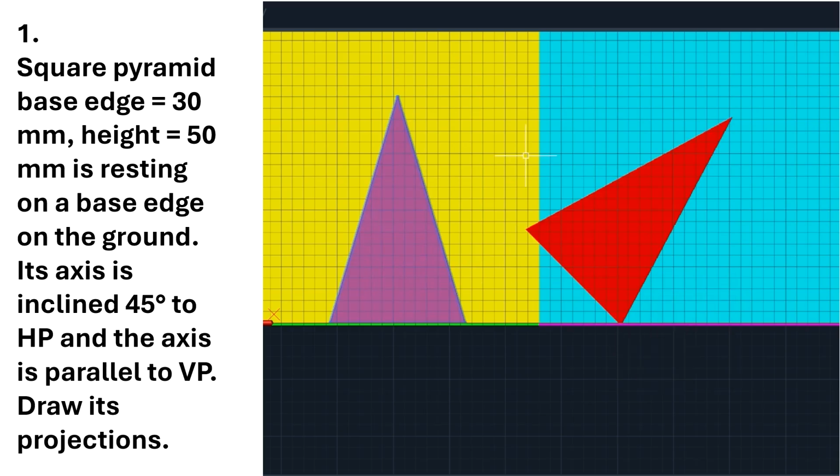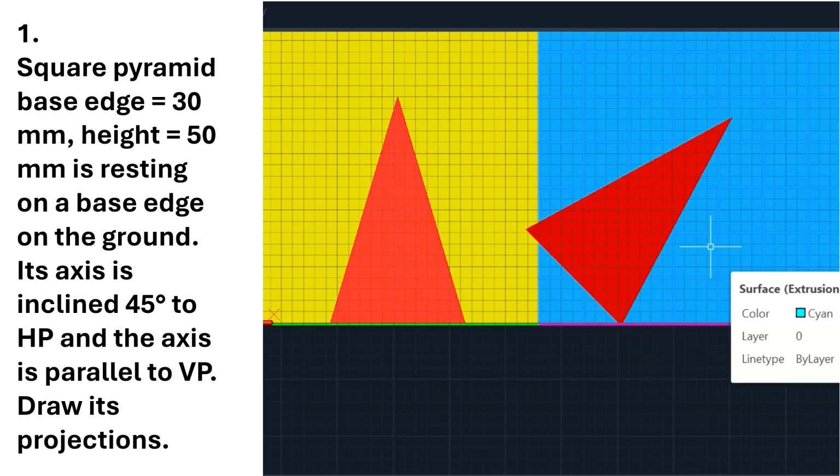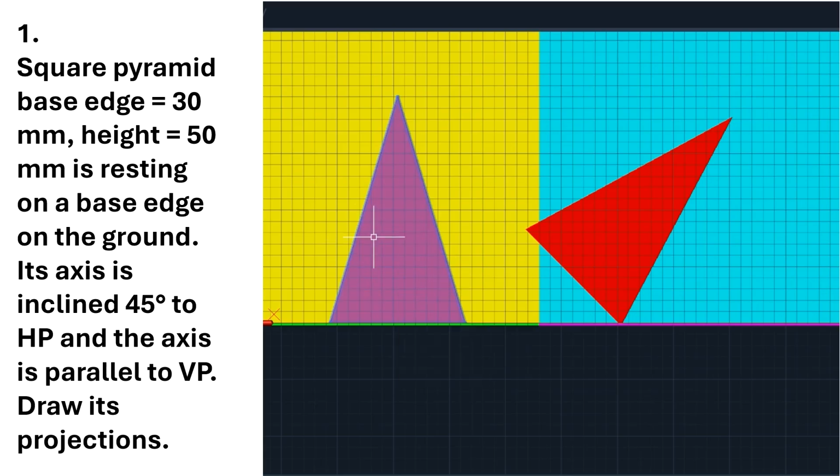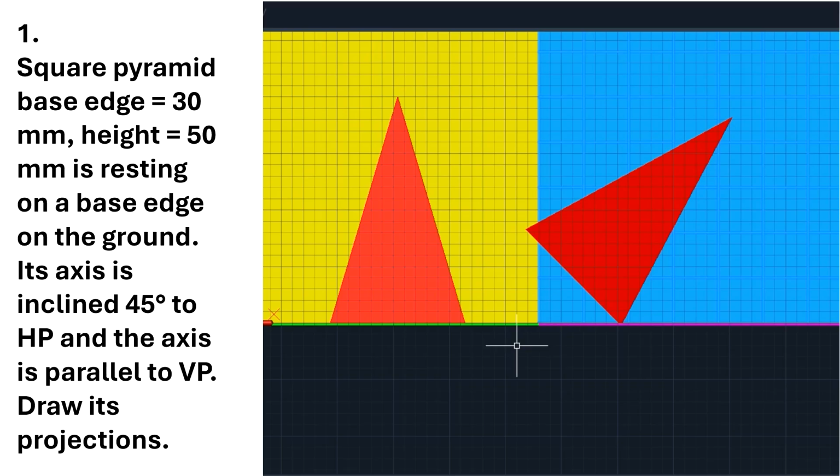The front view is just rotated by 45 degrees; the shape is not changed, only the angle is changed. So when you draw the second view, if you rotate it by the required angle, you will get the third view. So we will not do anything else; we will copy this and rotate it by the required angle.